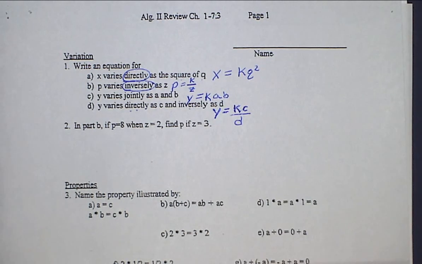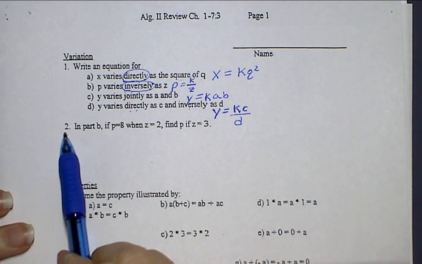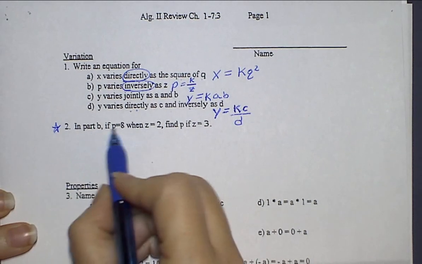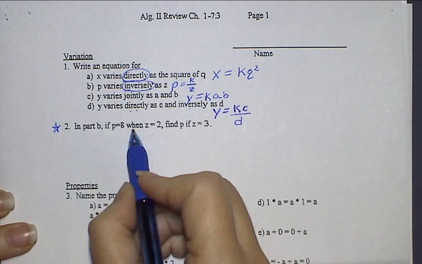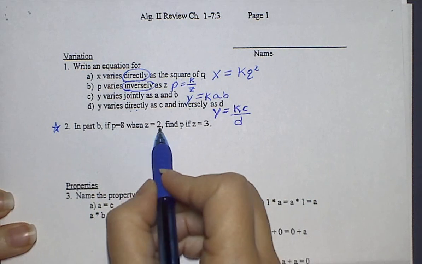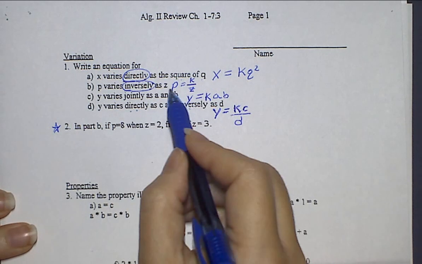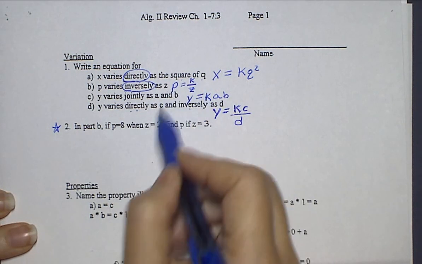Alright. Now, number 2 says that in part B, if p equals 8 when z equals 2, find p if z equals 3. So it wants us to take this equation up here and plug in the numbers.